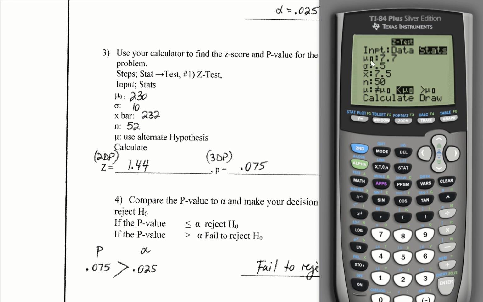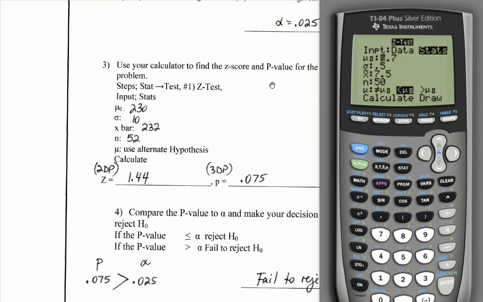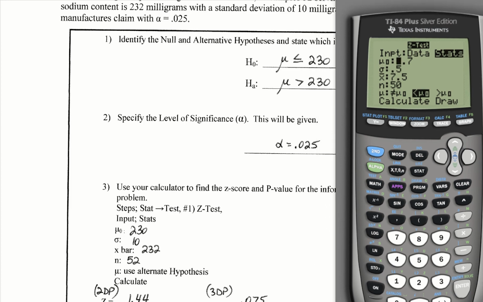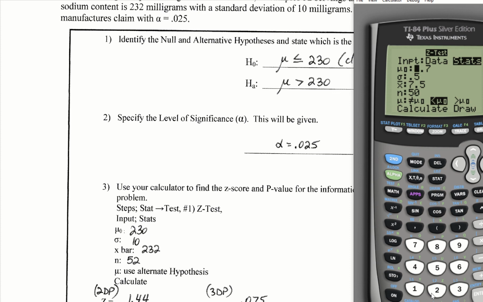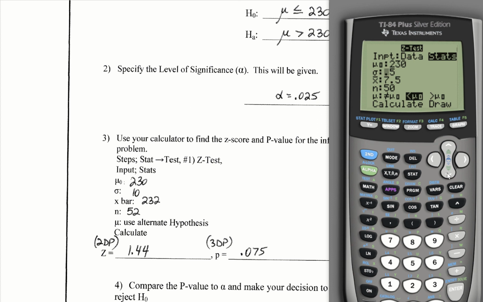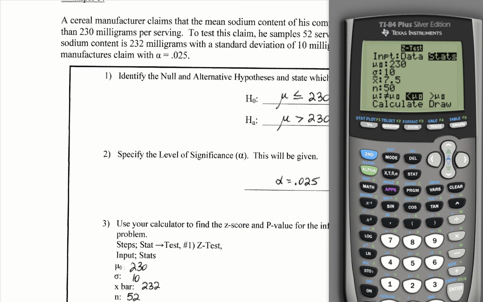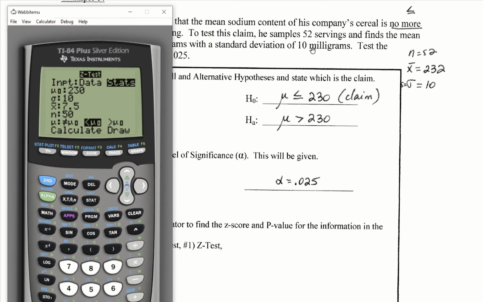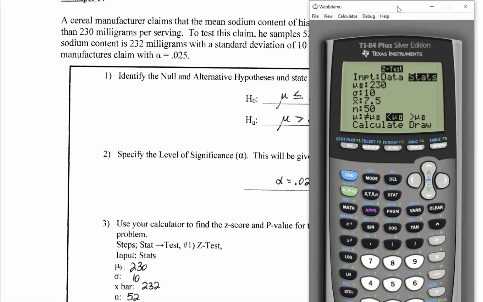First thing we need is the mu sub 0 value. This is the same value that's stated in the hypotheses. In this case, it's 230. The standard deviation, they told us, was 10 milligrams.